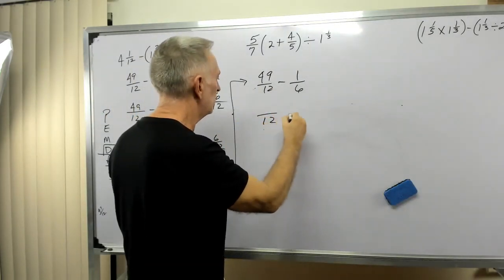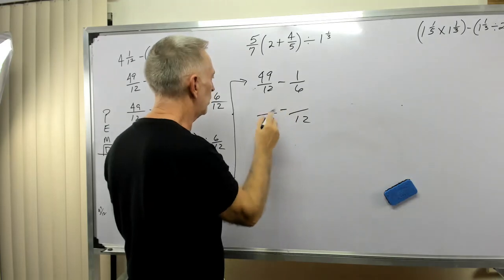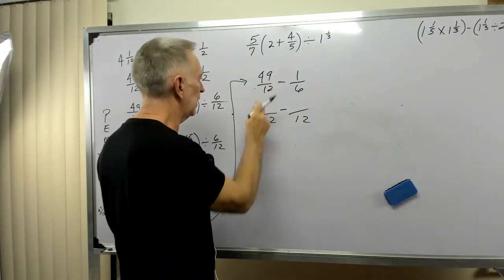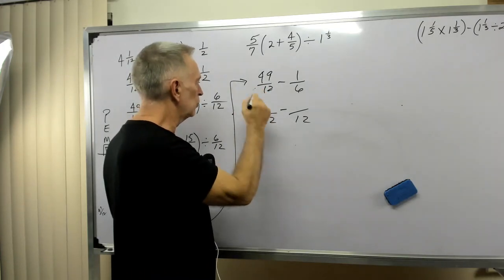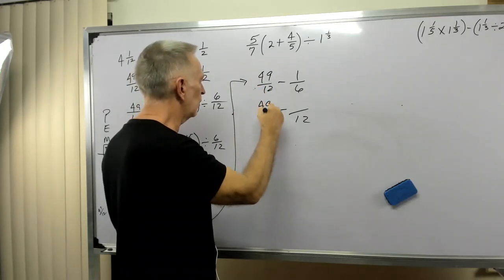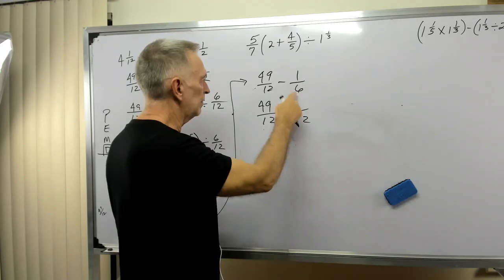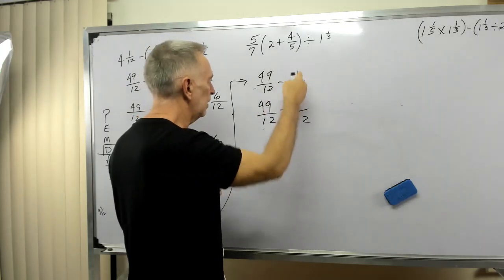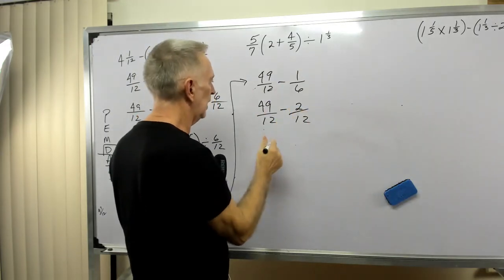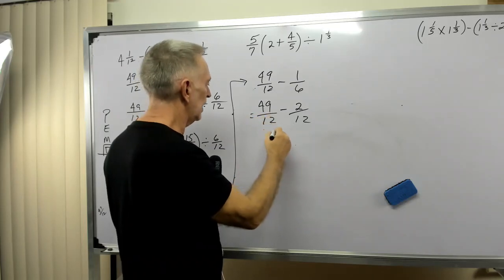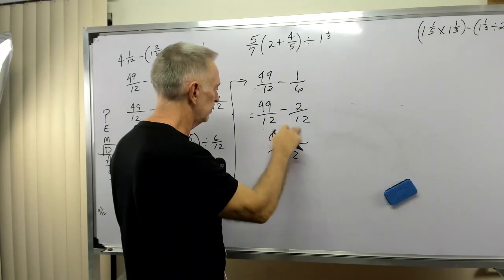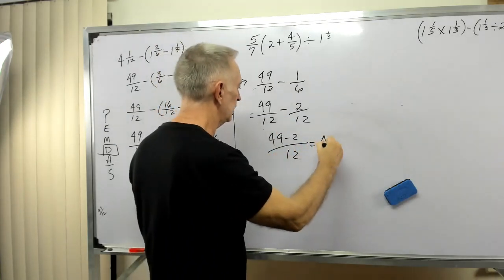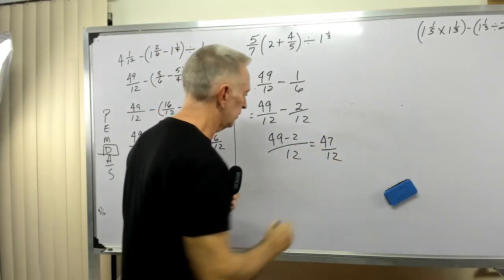So both of these are going to be over 12. I'm subtracting, so keep that. 12 divided by 12 is 1. 1 times 49 is 49. 12 divided by 6 is 2. 2 times 1 is 2. So now then, 49 minus 2, both over 12, equals 47 over 12.